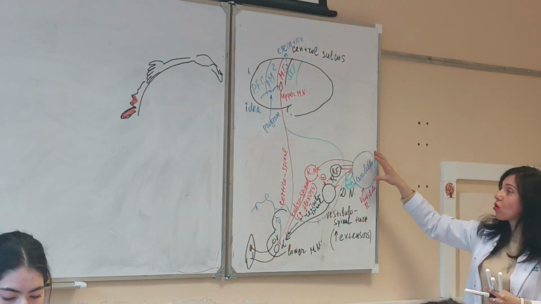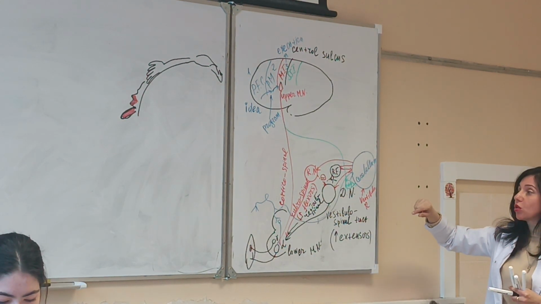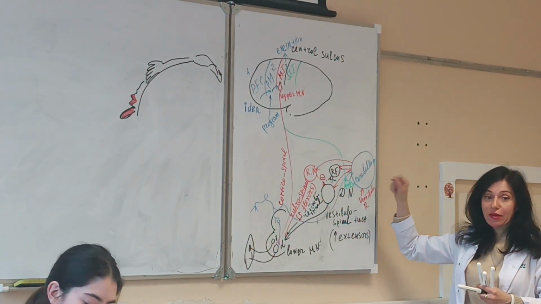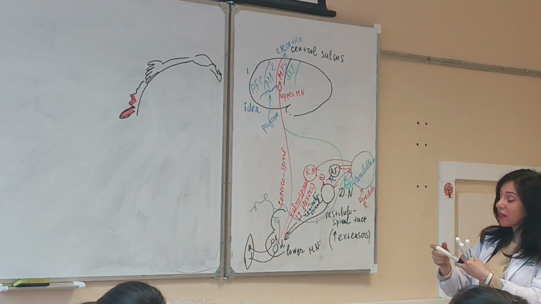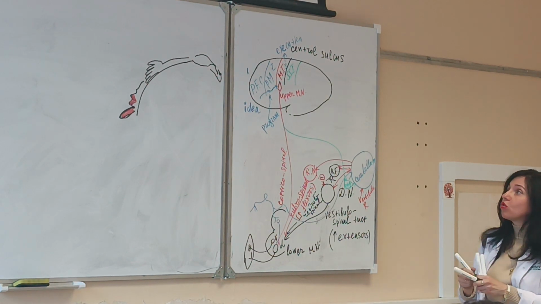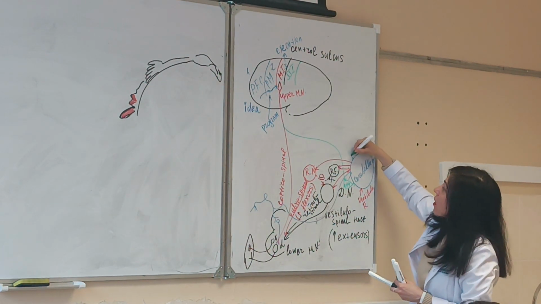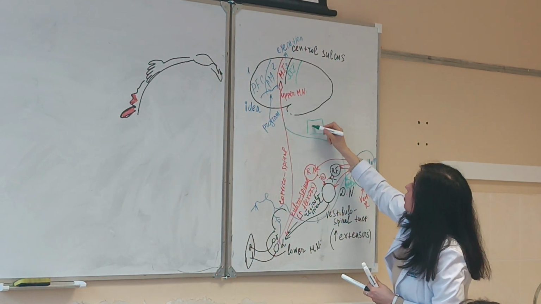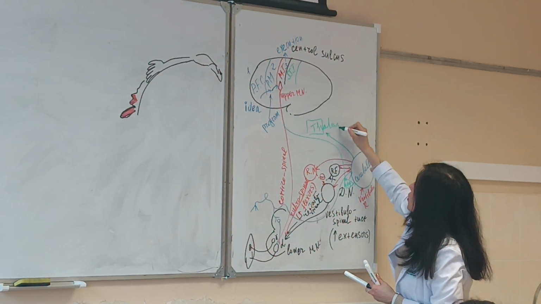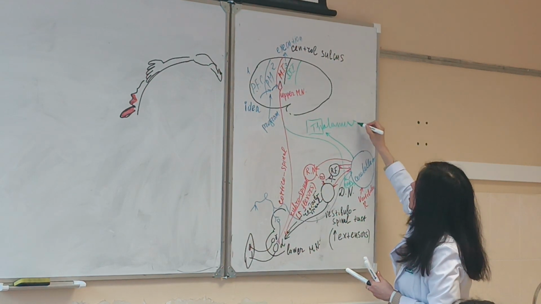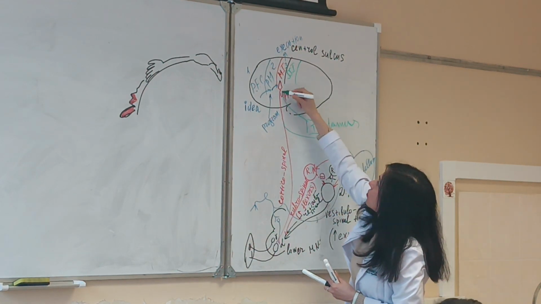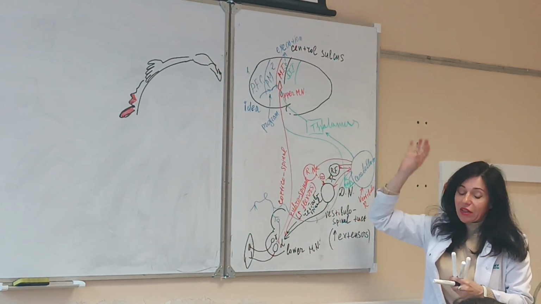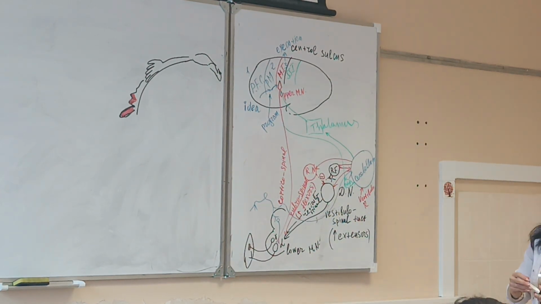The cerebellum controls muscle tone not directly but through the brainstem. It also has output to the motor cortex through the thalamus. It's a simple output, or actually more, but simple.